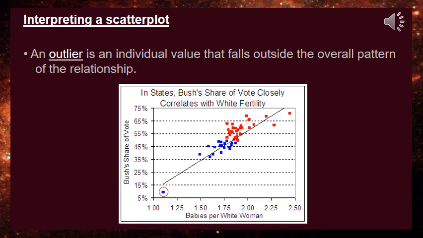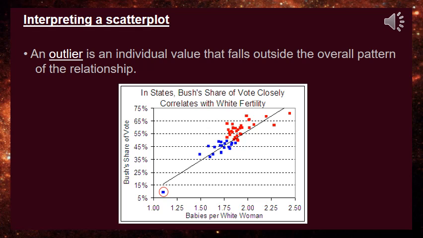So you can see a clear positive correlation, pretty strong here. The more babies women have in a family, the more chances they have to vote Republican.